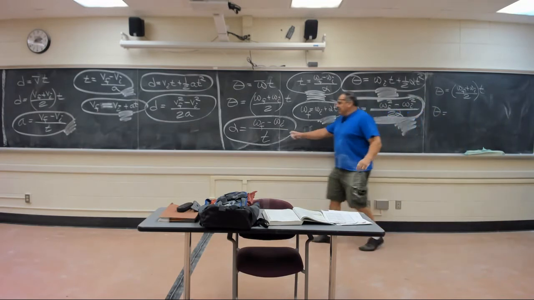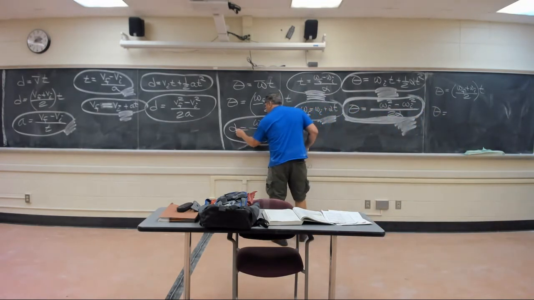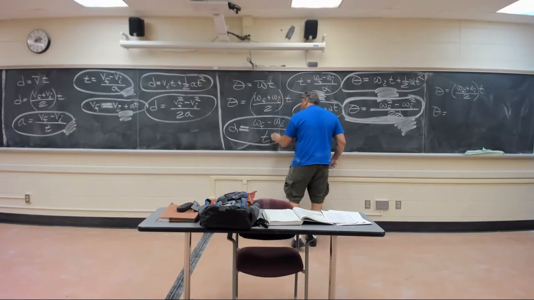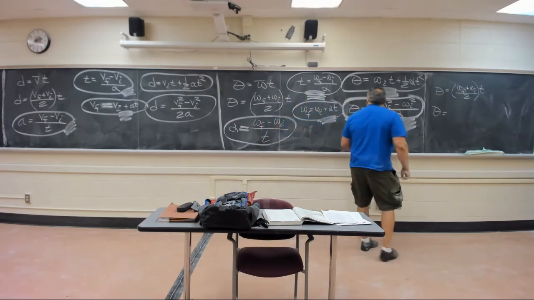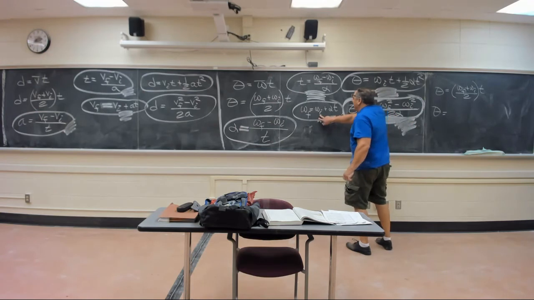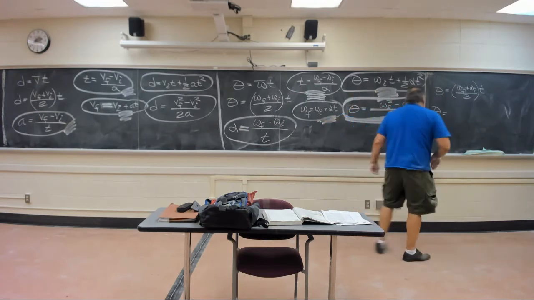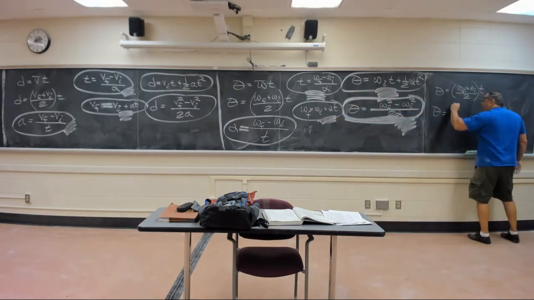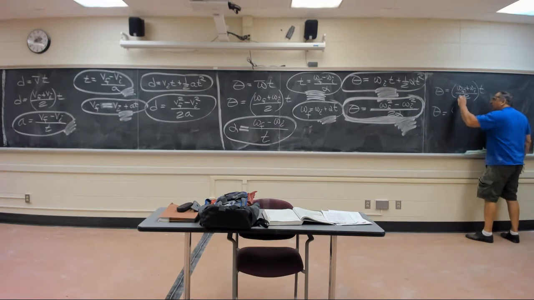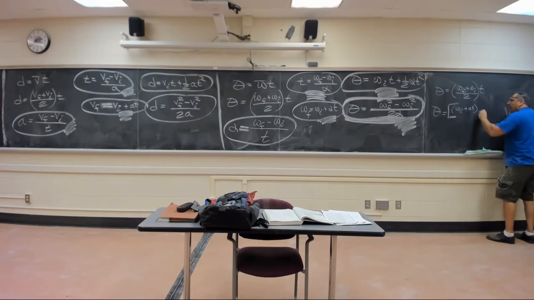If I manipulate this base equation right here, multiply by t on each side, and add an omega i on each side, I get this. Omega f equals omega i plus alpha t. So omega f is omega i plus alpha t, right? And omega i is just omega i.